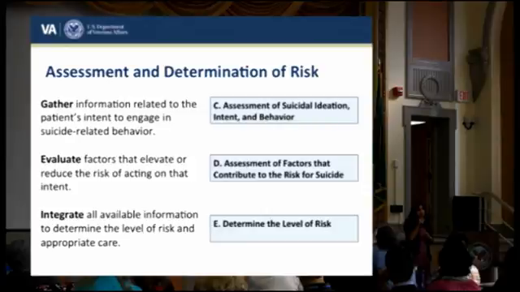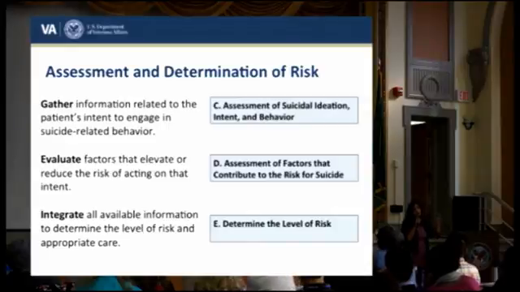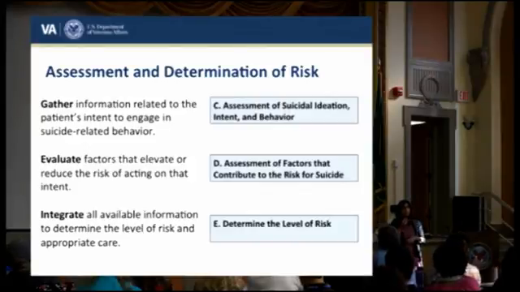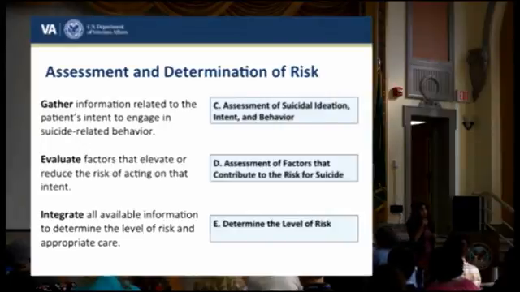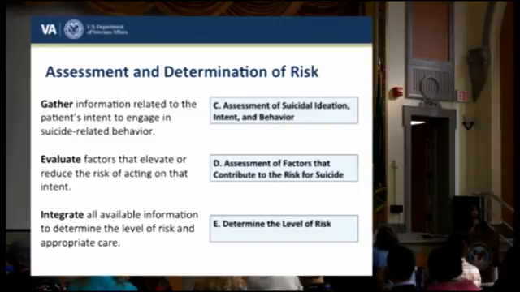What kinds of information do you need to gather in order to make an assessment of someone's level of risk? So it all comes down to gathering information, integrating that information to determine someone's level of risk, and based on that, intervening. There are different types of interventions depending on different levels of risk. So you want to get down to what that level of risk is in that particular moment in time.